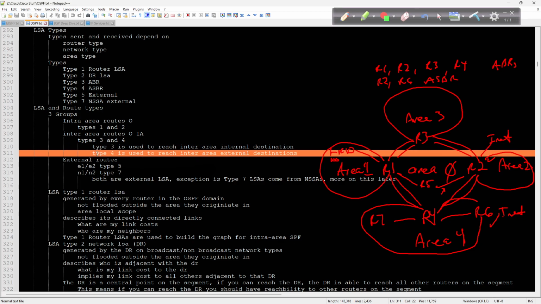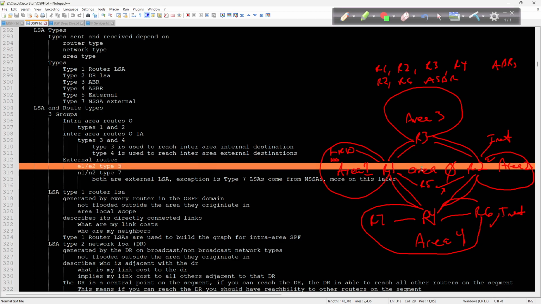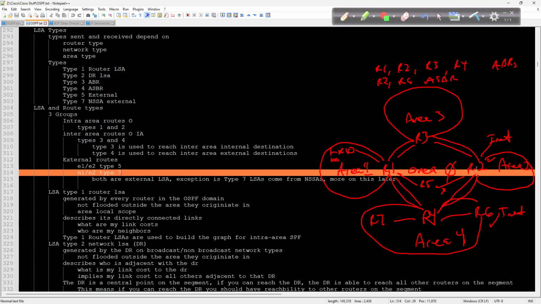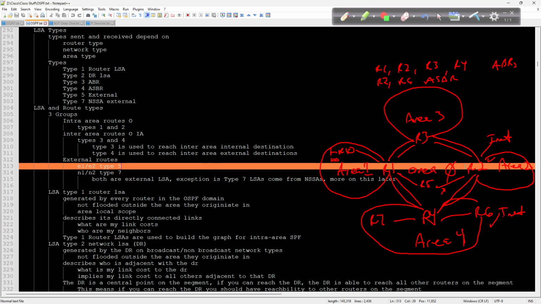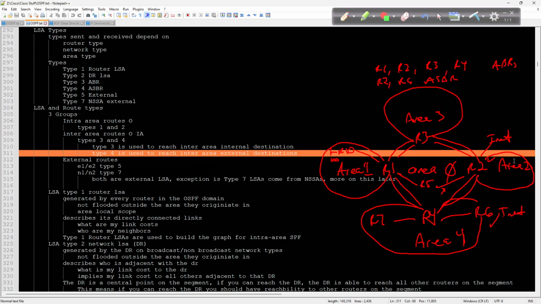Type 4 LSA is used to reach inter-area external destinations. So if I'm in area 0, 1, 2, or 3, this applies to router 2 as well. But if I'm on R2 and I redistribute a default route into OSPF, I'm also generating a type 4 LSA.